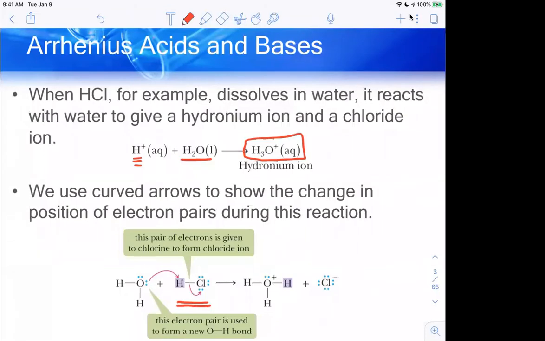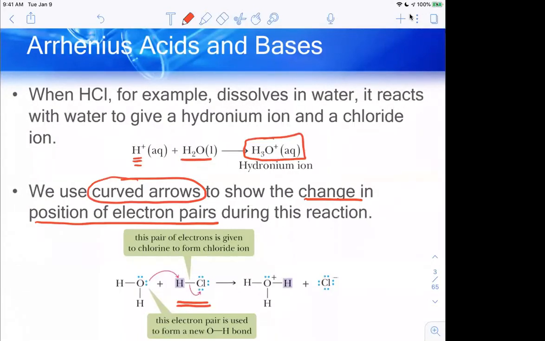HCl with water. Notice I'm going to use my curved arrows to show the change in position of electron pairs. You've seen these curved arrows when you did resonance back in chapter 1. We're going to use these curved arrows many, many times in this class because what we're showing here is how the electron pair, that lone pair in water, reacts with HCl.